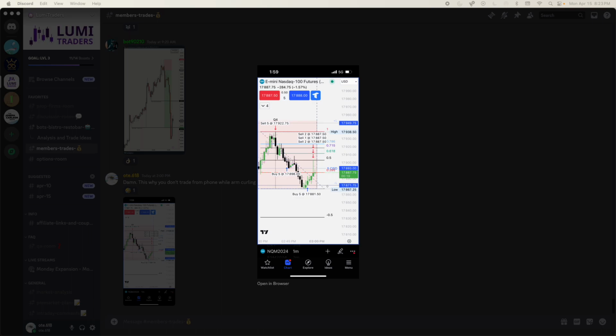And even this one here is a manipulation leg, although this also is a change in state of delivery. Here, this is our manipulation leg. This is preferably a change in state of delivery. This is our manipulation leg right here. See how that works out? You just have to play around with it, figure out which one works for you, and go from there.